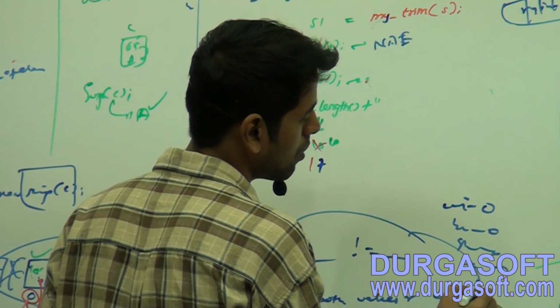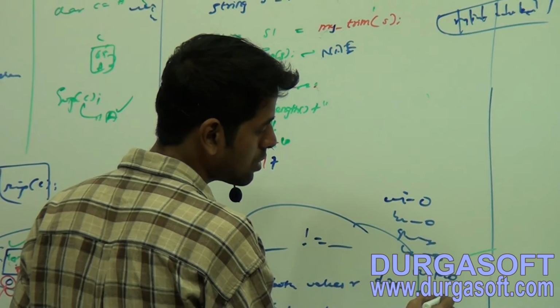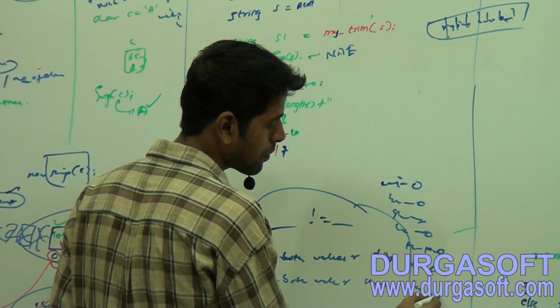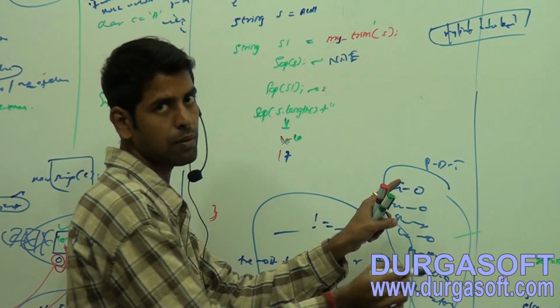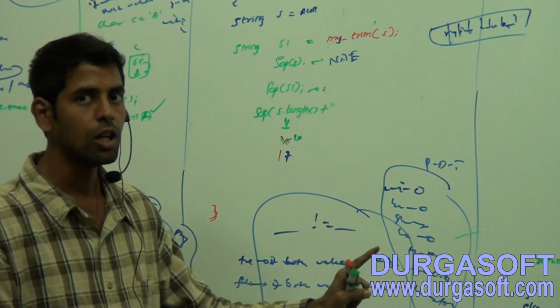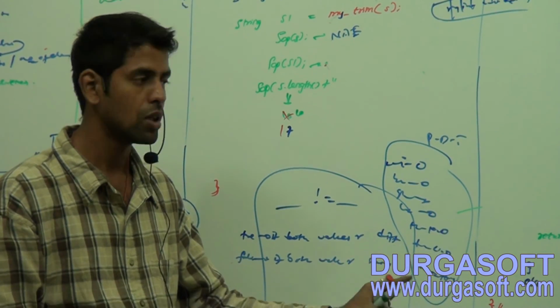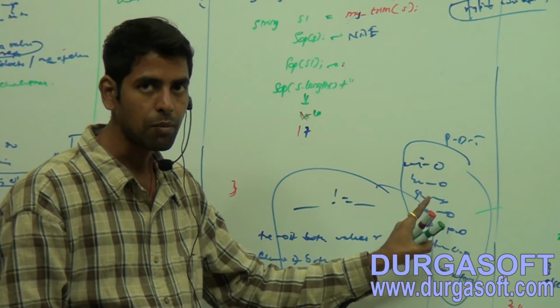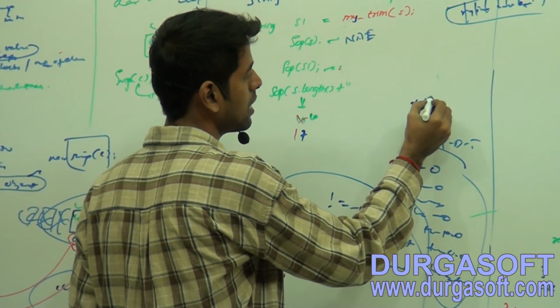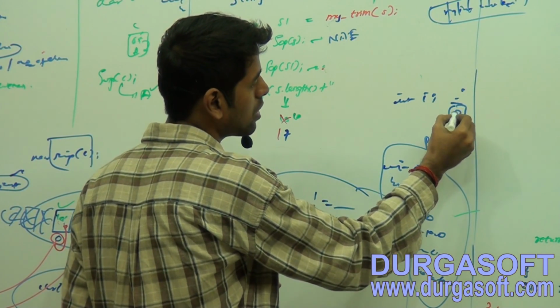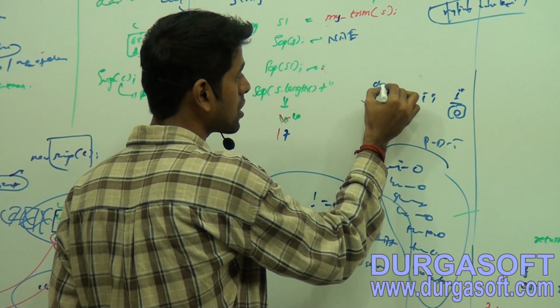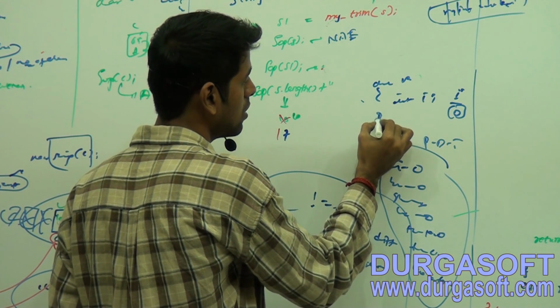For long 0. For float 0.0. For double 0.0. For boolean false. These are primitive data types, right? For all these data type variables, if I declare int i, internally JVM will consider the i variable value as 0, if it is an instance variable.